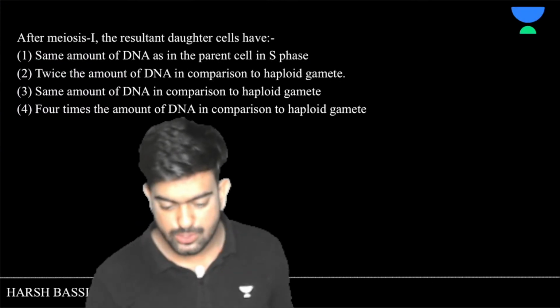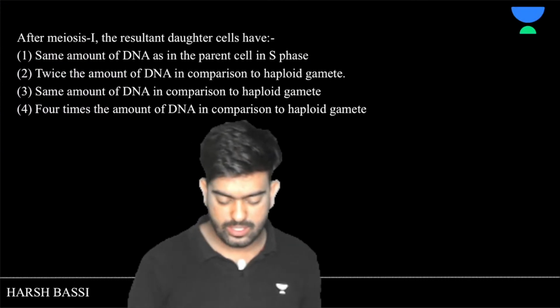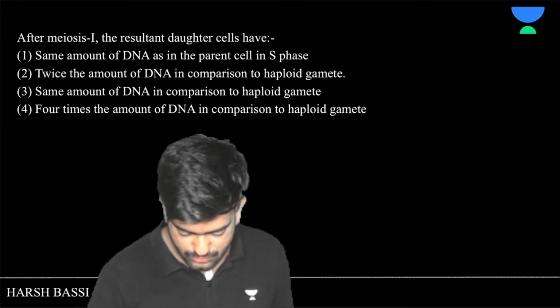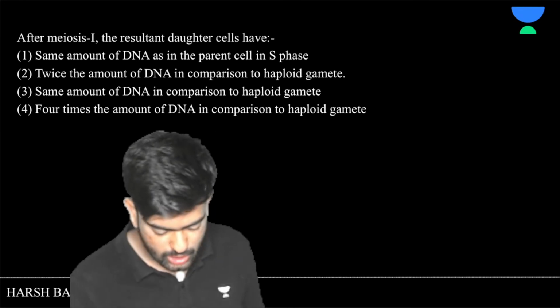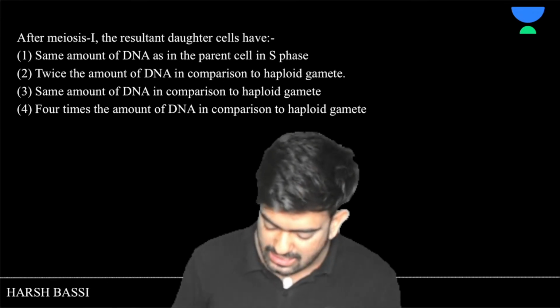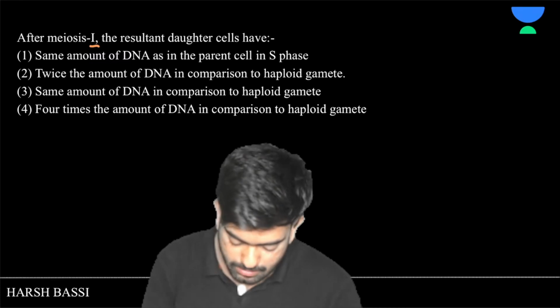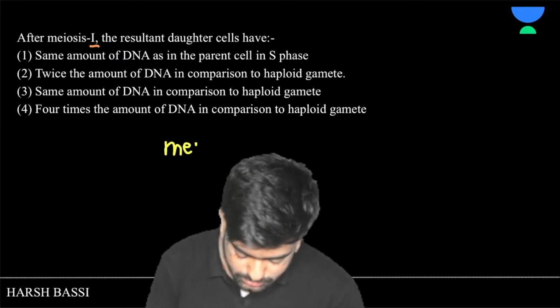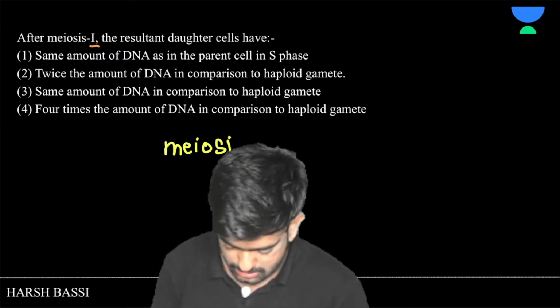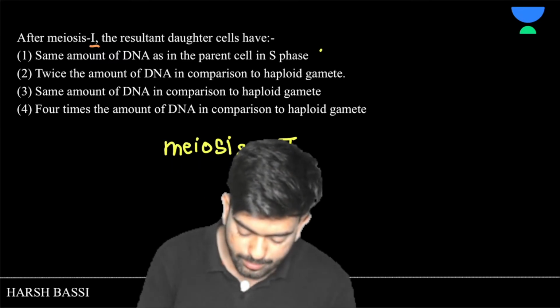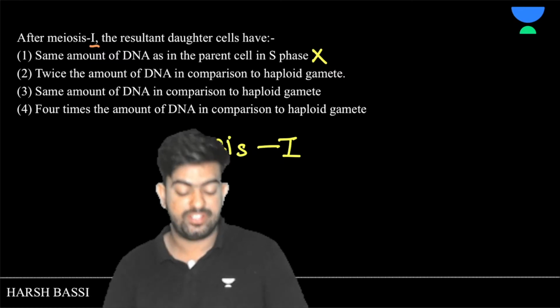Now, next we have this question which says: after meiosis 1, the resultant daughter cells have the same amount of DNA? No. Meiosis 1 is the reductional division.